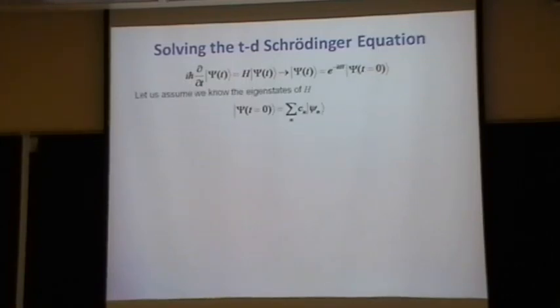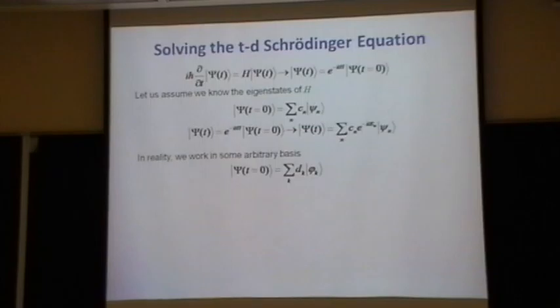So, for instance, this is just basic theory. Let's assume that we know the eigenstates of H, and we write our state in that eigenbasis with coefficients Cn. And we evolve in time, we get that the state at time t is given by just a linear combination of those states with a phase that is proportional to the energy, right? Now, in DMRG, we're not doing this in an eigenstate basis.